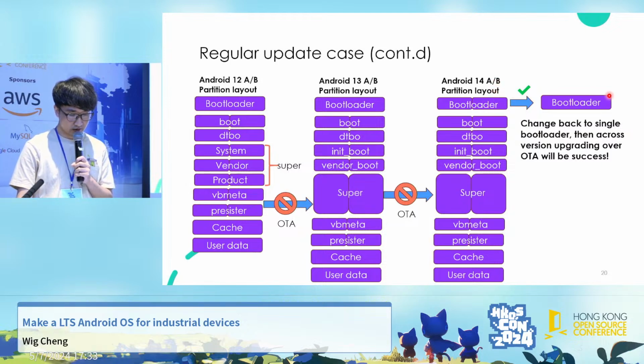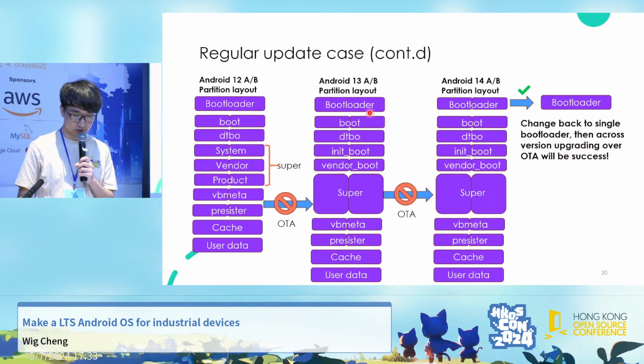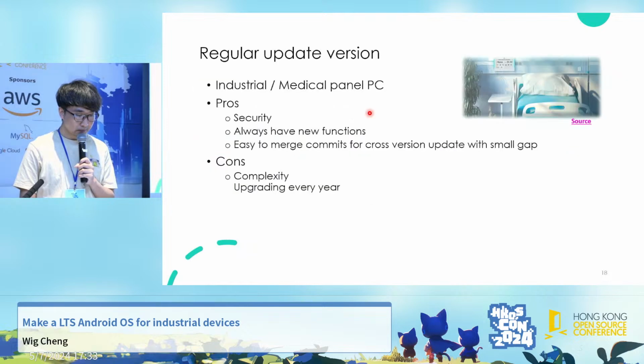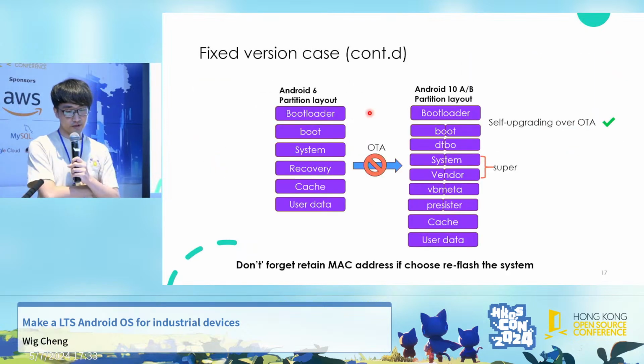After I changed it to single bootloader, it's the same as Android 13, and it works when I use the OTA update. It means if the partition layout stays the same, you can use the OTA update to upgrade your OS easily.